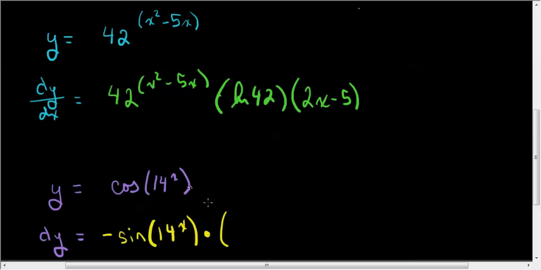Well, what's the derivative of 14 raised to the x? It's 14 raised to the x times the natural log of 14. Now the natural log of 14, again, that's just a constant.